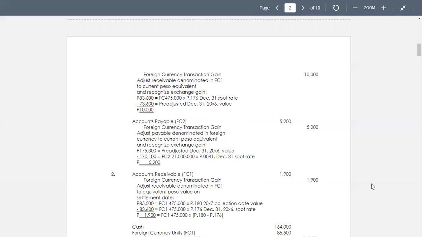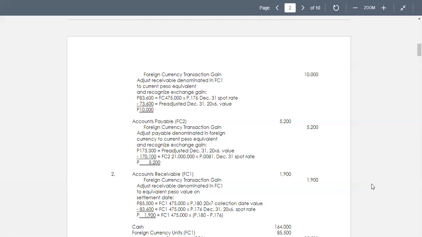So we have now on settlement date the amount of 85,500, which is taken by multiplying FC1 475,000 by 0.18.